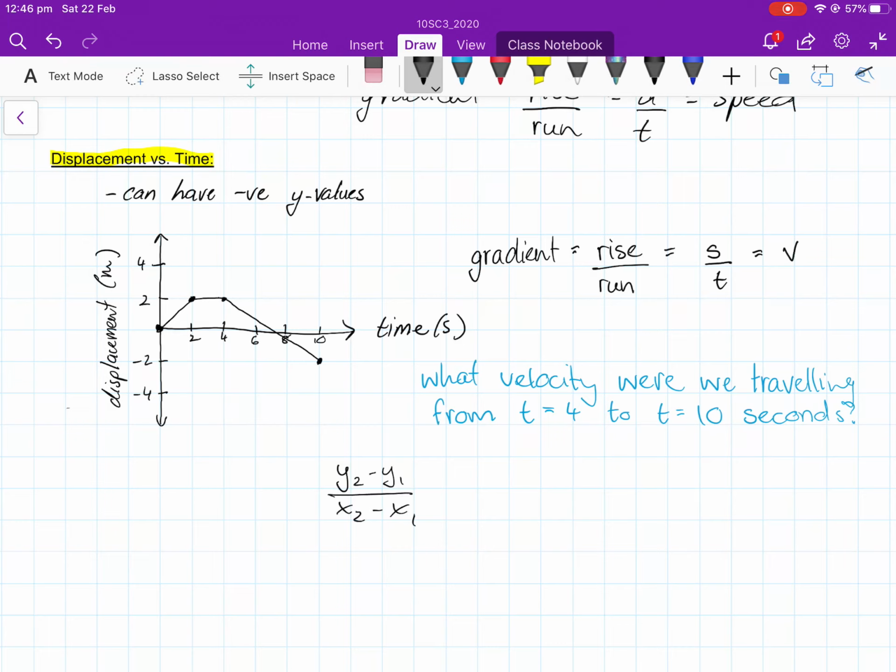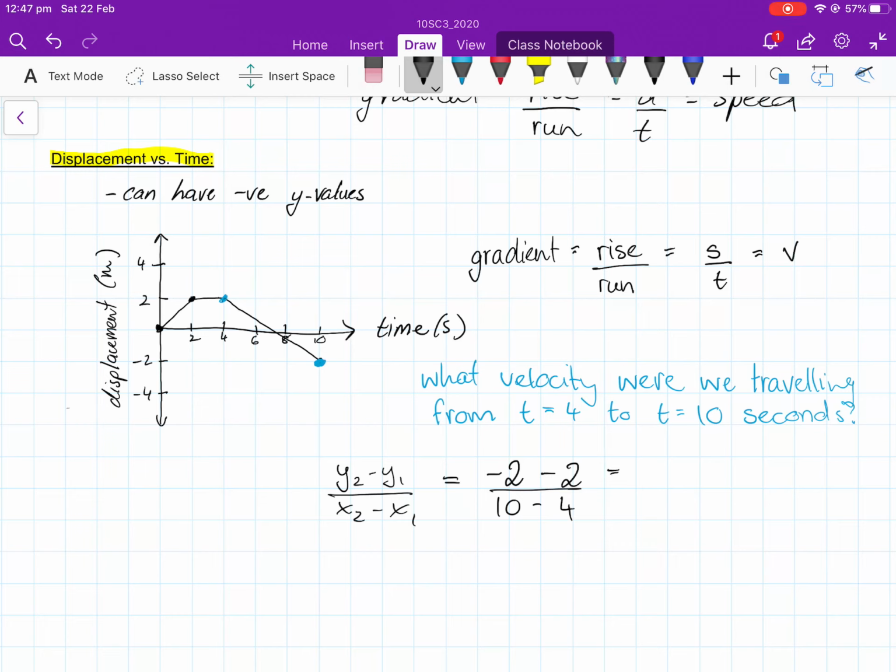Now our y2 is going to be the point at 10, -2. So our y2 value is going to be -2. And taking y1, which is our point at 4, 2. So it's going to be -2 take 2 over our x2 value, 10 take 4.